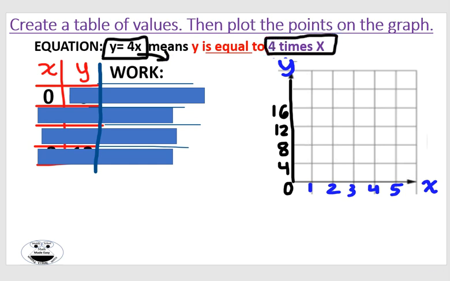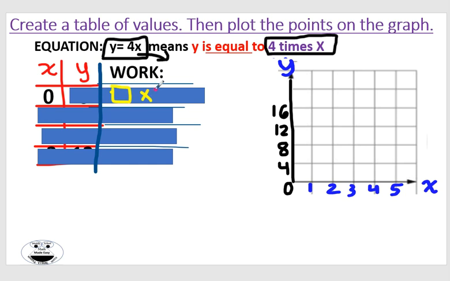What we're going to do is show the work, and we're going to start with the first row, and the first row says x is 0. So if x is 0, what is y? Well, we're going to take x and multiply by 4.